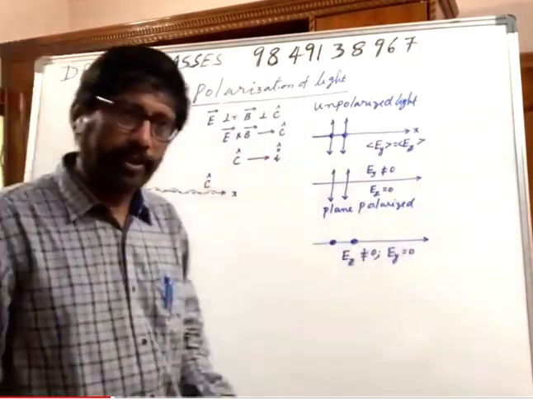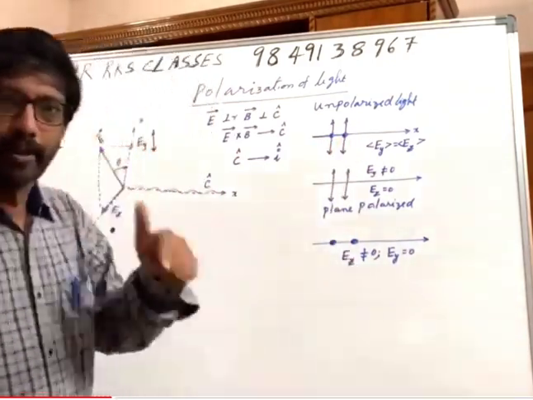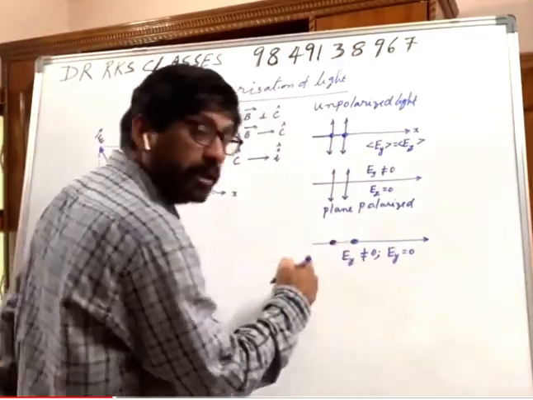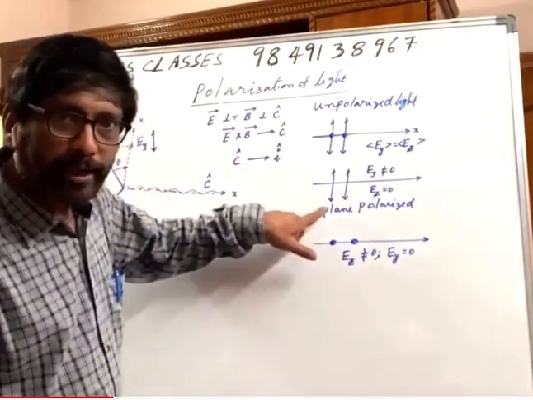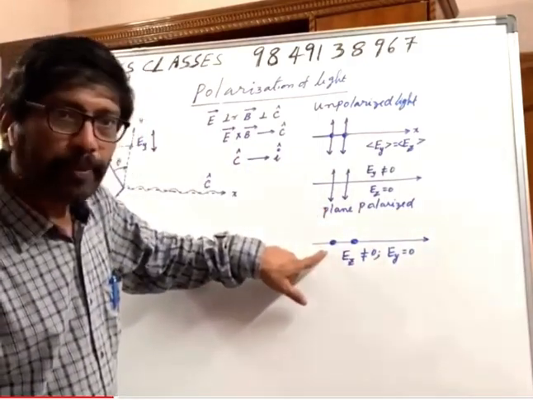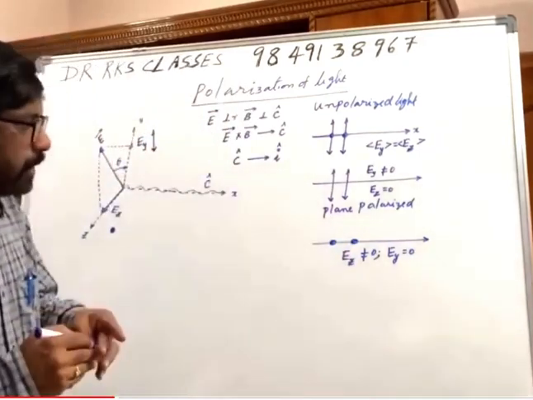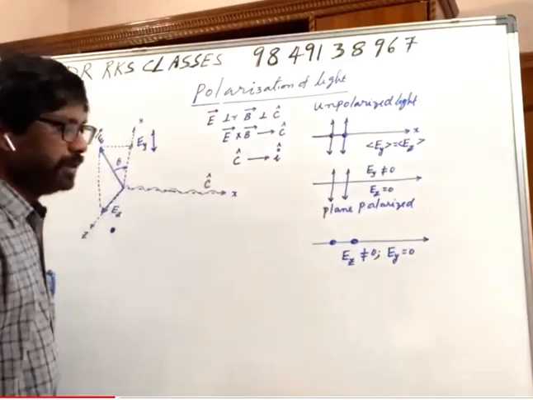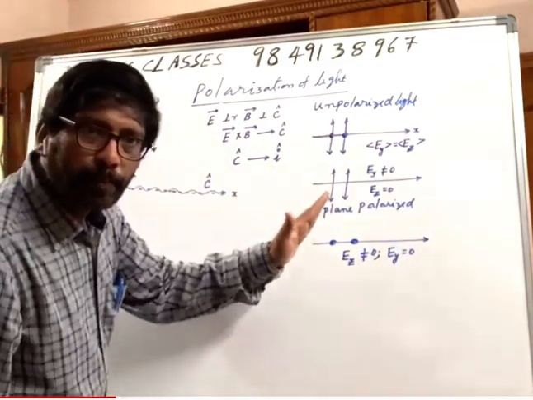Of course, theoretically, the intensity of this one is half of this, but theoretically. So this is also called linearly polarized light or plane polarized. Okay. So this is the representation of unpolarized light and polarized light.